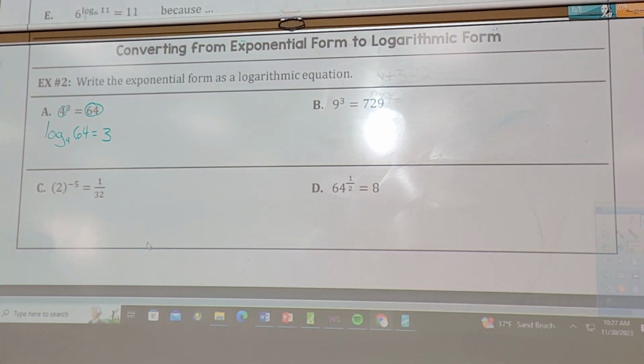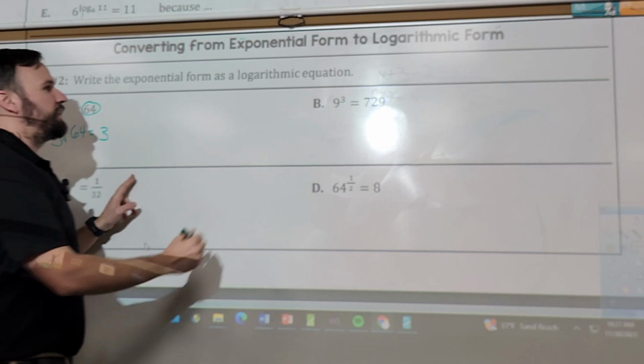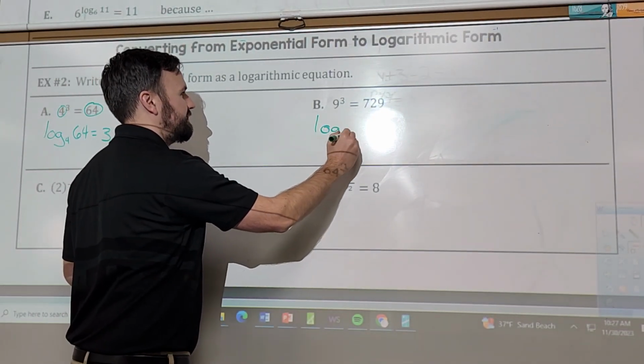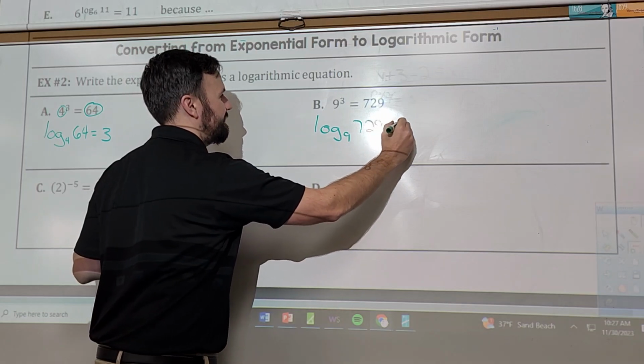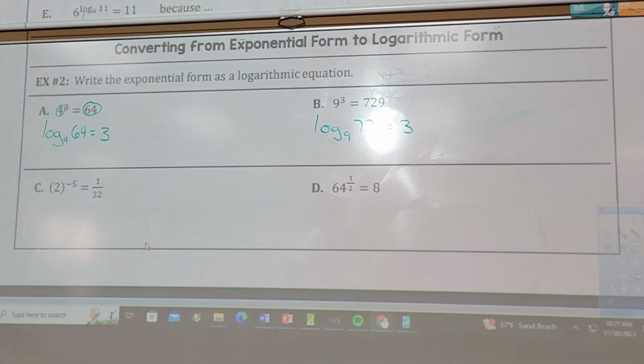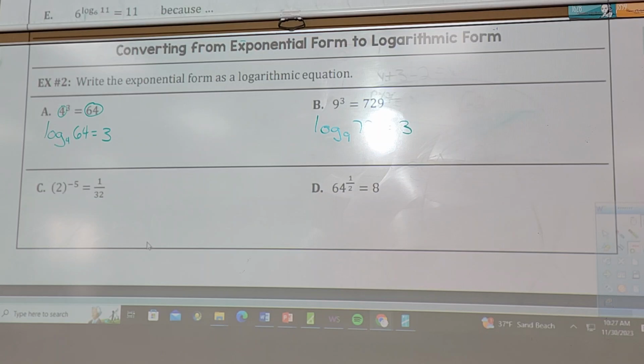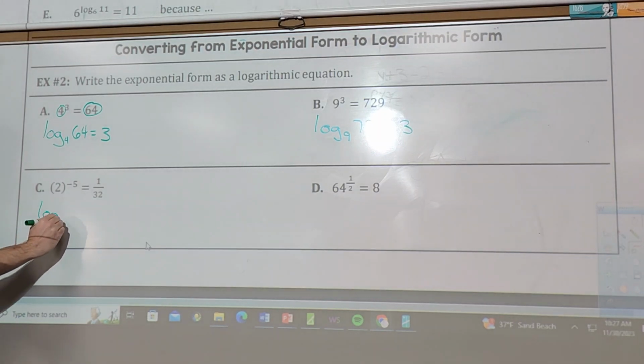Does this kind of ring a bell from Algebra 2? So this one would be log base 9 of 729. That's right. Log base 2 of 1 over 32.